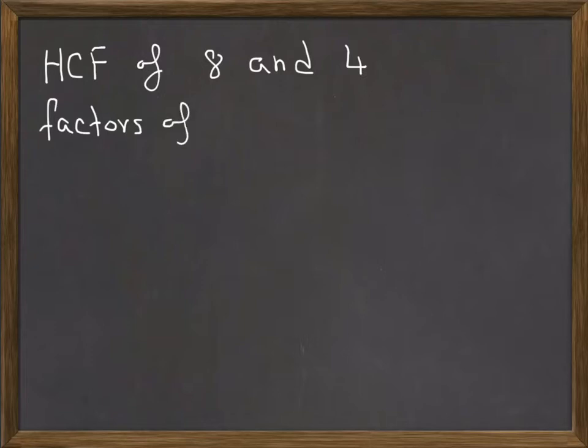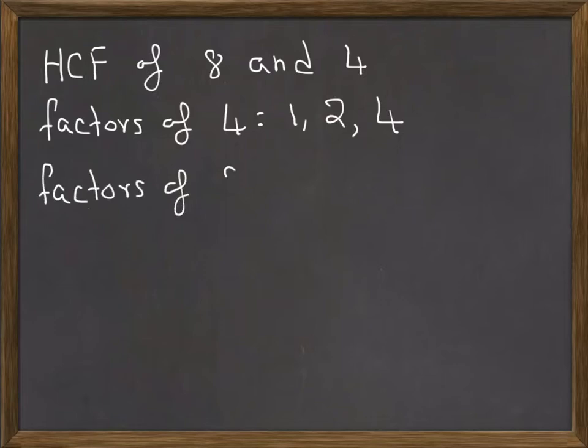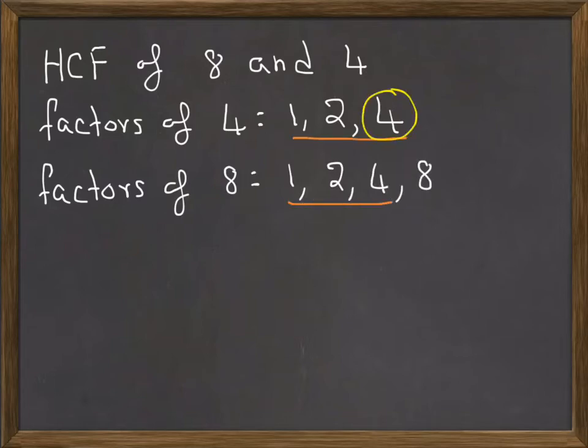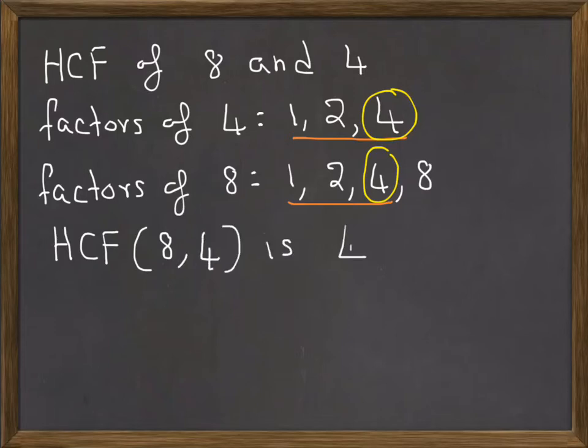What do you mean by factors? All those numbers which divide 4. So factors of 4 are 1, 2 and 4, and factors of 8, meaning all those numbers which can divide 8, are 1, 2, 4 and 8. Now what are the common factors of 4 and 8? 1, 2, 4. And what is the greatest common factor? It is 4. So the highest common factor of 8 and 4 is 4.